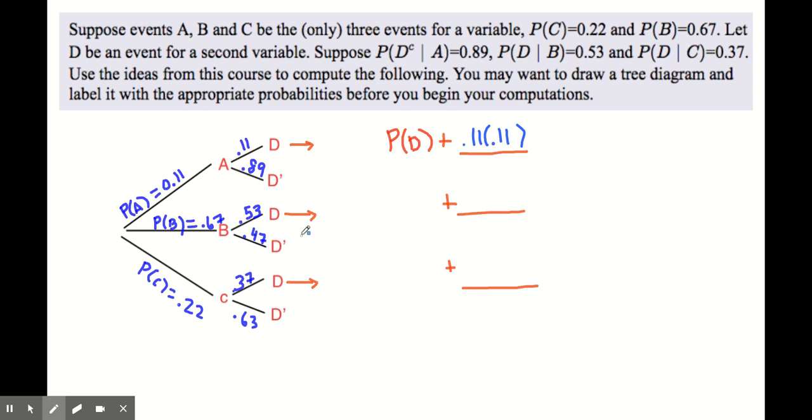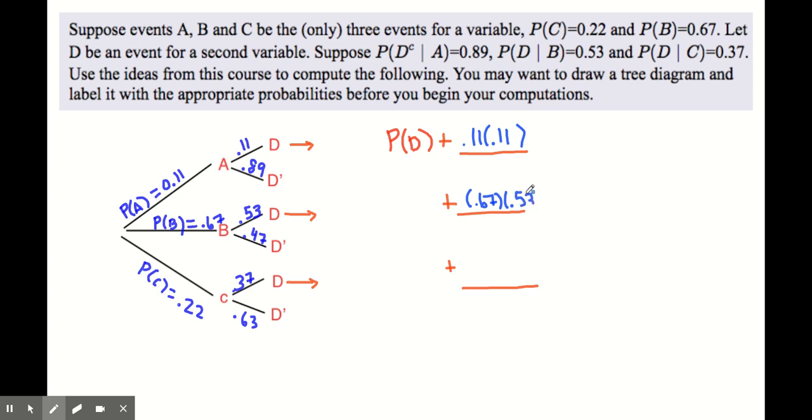The second way this can happen is right here going through B. The probability of B is 0.67, and we're going to multiply that by the branch that then leads to D, which is 0.53.